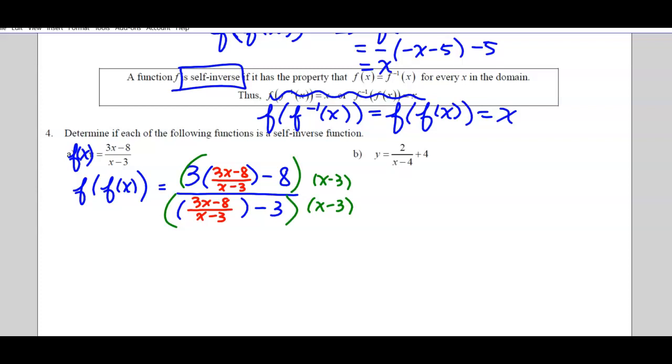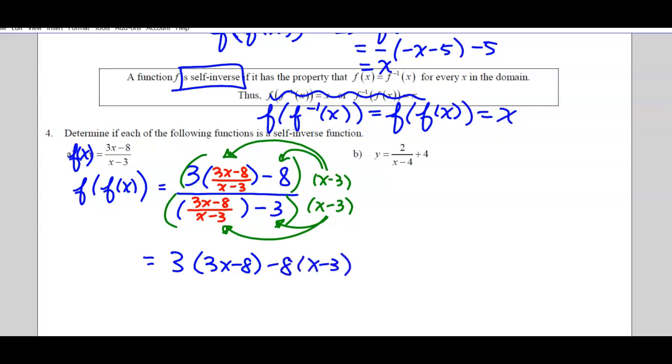And then think about, I've got to distribute this bracket into this term and this term, and this term. By doing that, if you've chosen this correctly, these go away, right? This x minus 3. So I'll get 3 bracket 3x minus 8 when I multiply that arrow. Then minus 8 times x minus 3.